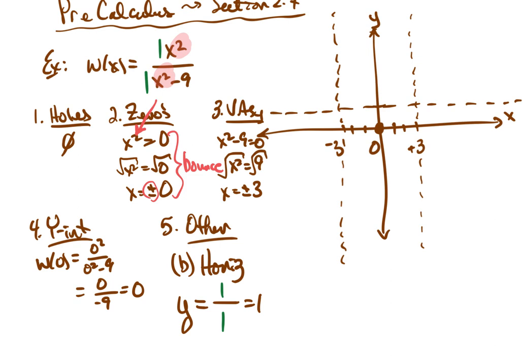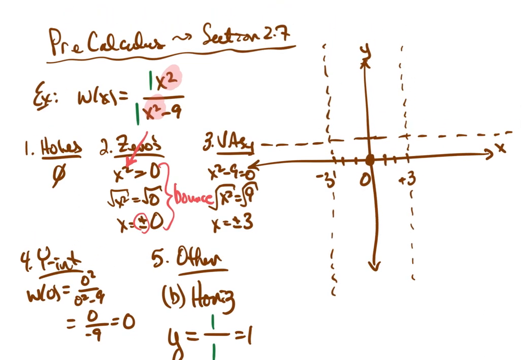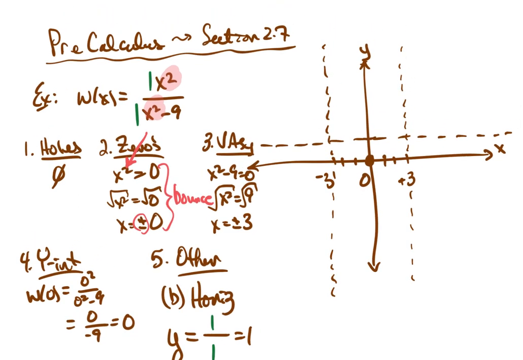Okay, and finally number 6 is our end behavior. What we have to decide for ourselves is, should we start on the top side or the bottom side of the horizontal asymptote? Now, it can't be on the bottom.